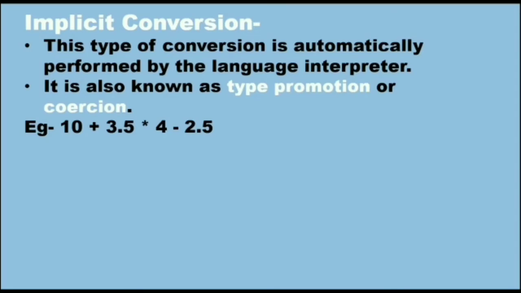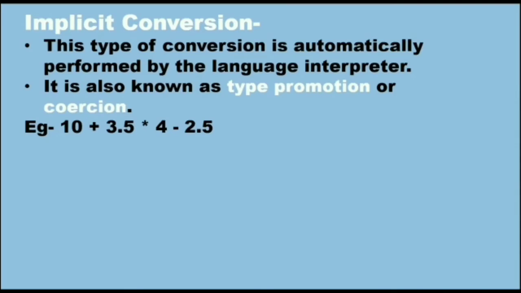When it has to perform some calculation. One thing you also have to make sure of is that whenever the system performs any conversion, it tries to make sure that the data is not lost. So what it will do is promote the lower data type to the higher data type, so there is no loss of data.